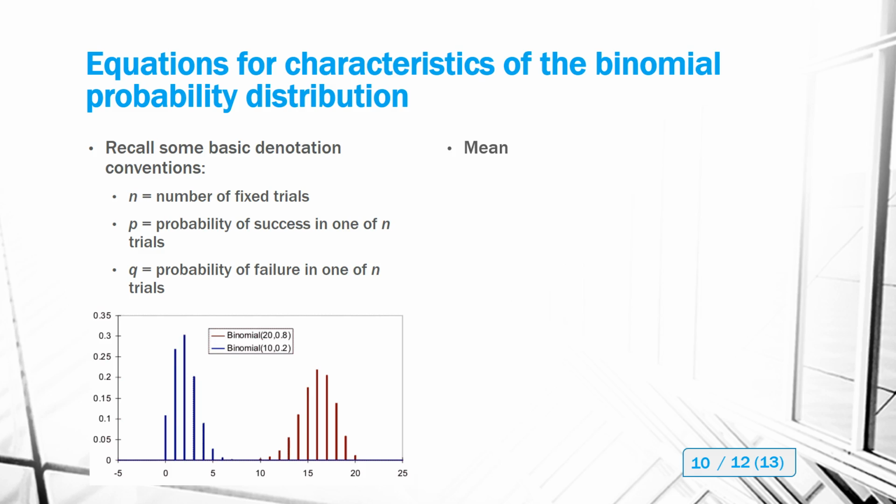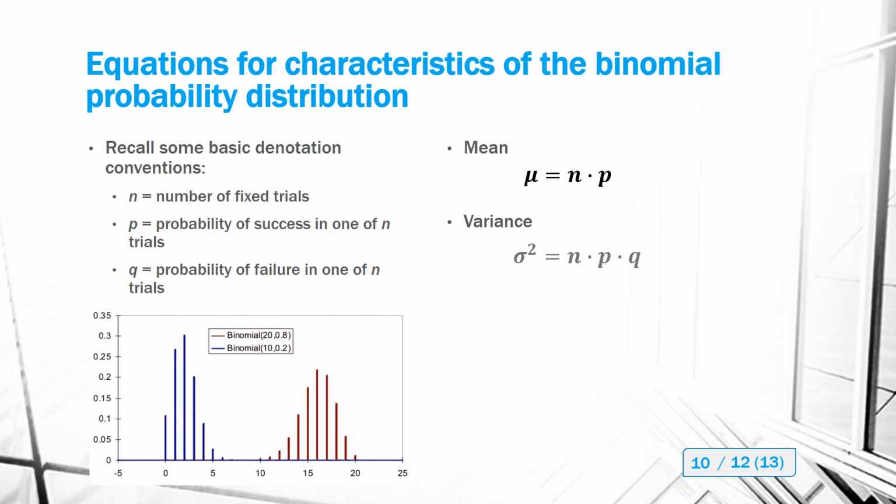To calculate the mean for a binomial probability distribution, we take the number of fixed trials and multiply by the probability of success in one of those trials. This is the mean value of a binomial probability distribution.